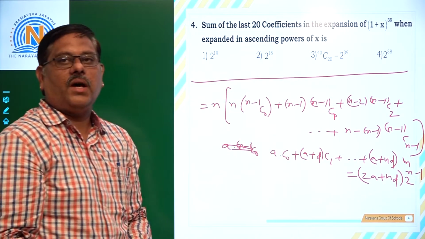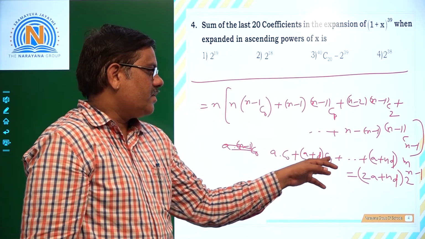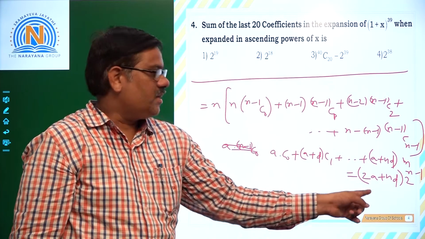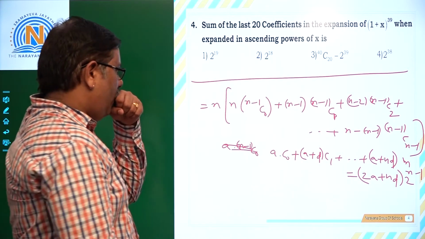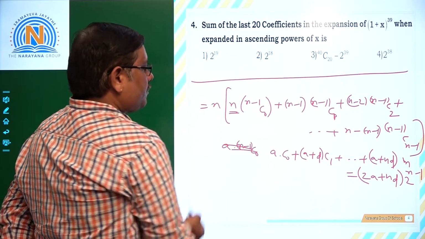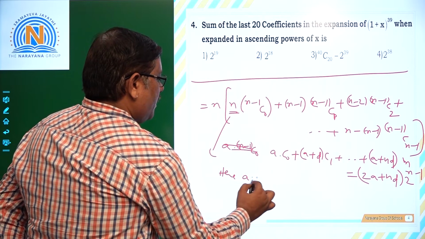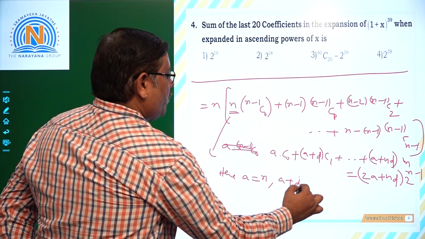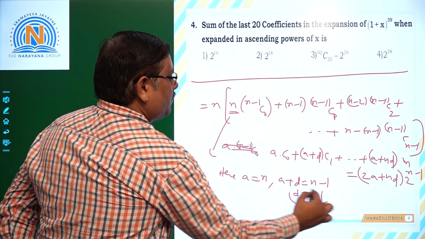This expansion we already learned in examples. a c0 plus a plus d times of c1 plus so on plus a plus nd times of cn is going to be 2a plus nd times of 2 power n minus 1. In this case, a is n. a plus d is going to be n minus 1. So a is n, therefore d is minus 1.